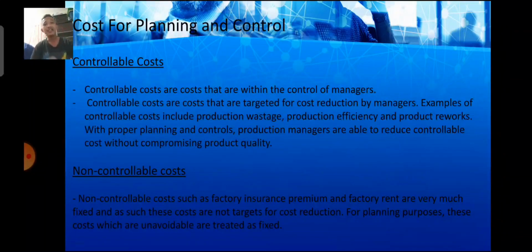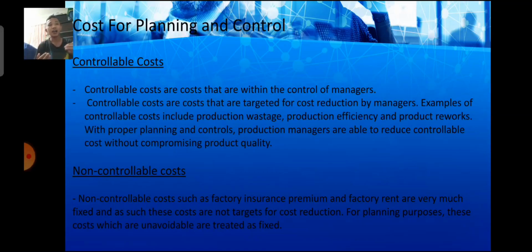Let's say we have a factory and we rent the land, or we rent the factory. The cost of the rent that we have to pay as an expenditure is fixed.